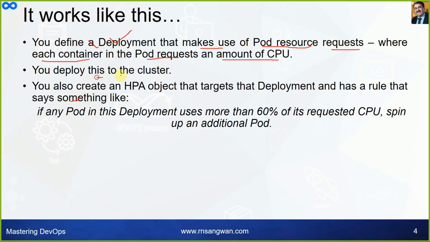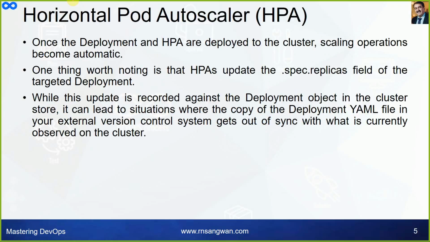You deploy this to the cluster. Also, you create an HPA object that targets the deployment, with a rule that says something like: if any pod in this deployment uses more than 60% of its requested CPU, spin up an additional pod. Once the deployment and HPA are deployed to the cluster, scaling operations become automatic.